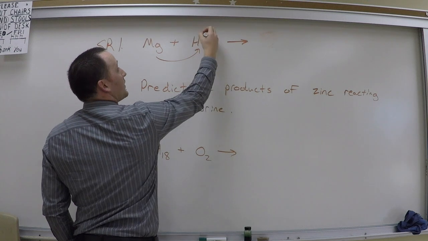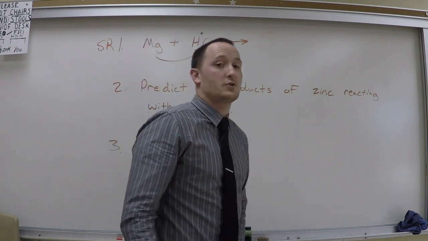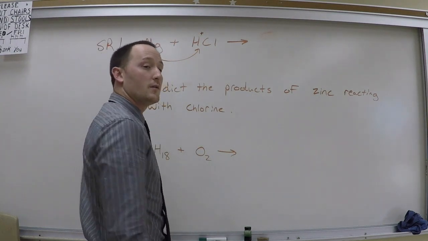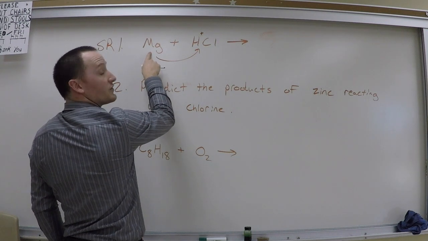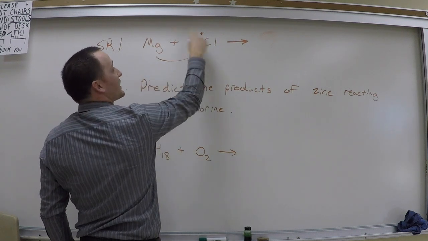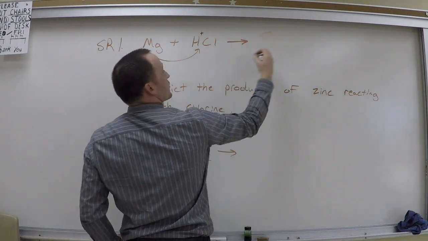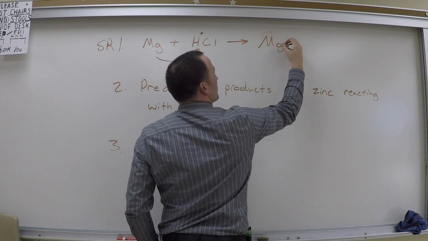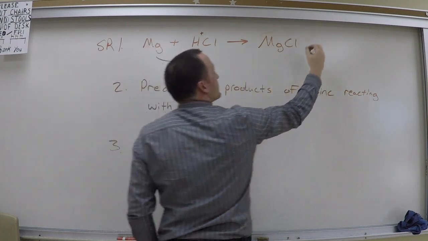And in this compound, it's hydrogen. Hydrogen is going to form a +1 charge in this compound, and in a compound, the first element is always the positive one. So magnesium wants to form a +2 charge, so it's going to kick out the positively charged ion. So what we're going to get over here is magnesium with chlorine. And the hydrogen is going to be left by itself.